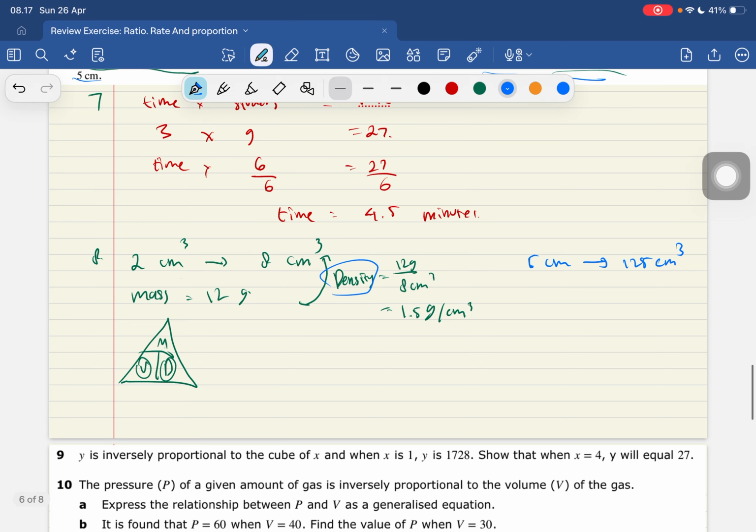So the mass is the volume multiplied by the density. The volume is 125. We multiply by 1.5 grams per centimeter cubed. So we got the mass as 187.5 grams.